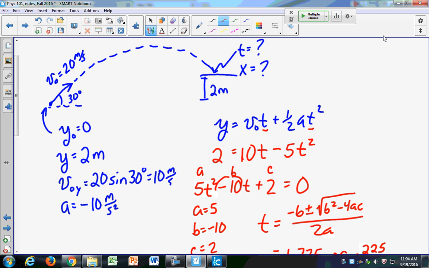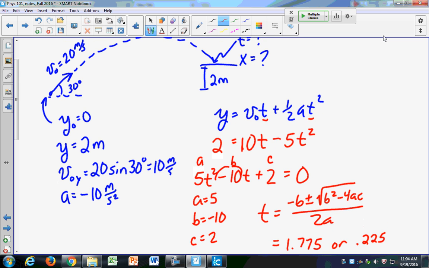So you do get two valid times. This time over here is 1.775 seconds, and then at this point over here is 0.225 seconds. Even though those look like two S's, one of them's a 5 and one of them's an S. Okay? Y'all with me on this?